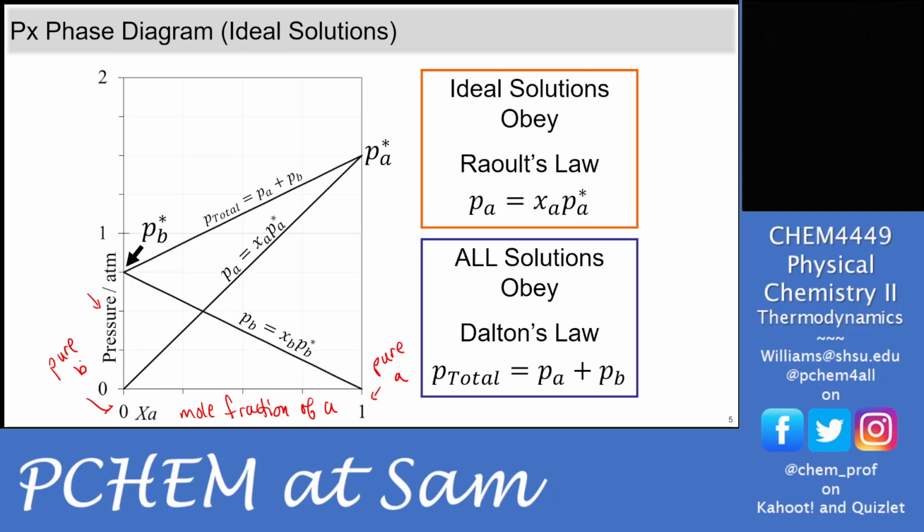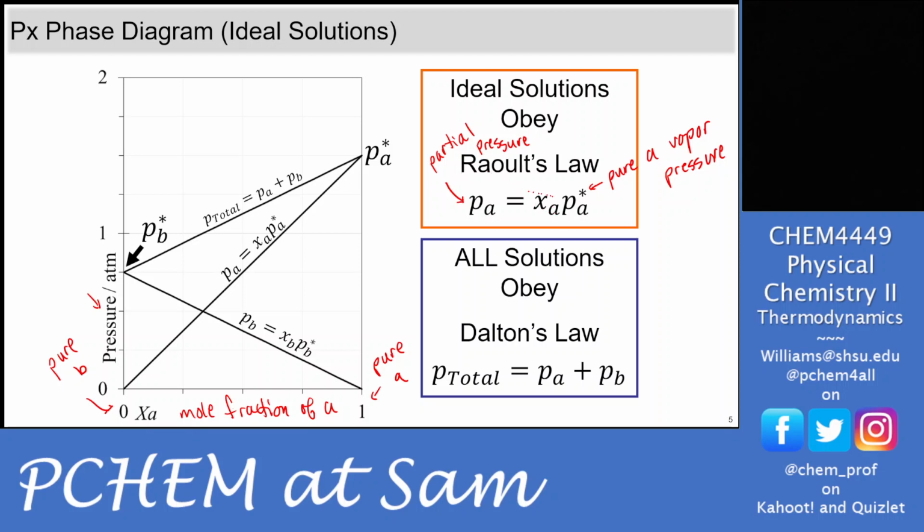Now, Raoult's law gives the partial pressure of A. The little star here means the pressure of pure A. This would be the partial pressure of A. And this is great.